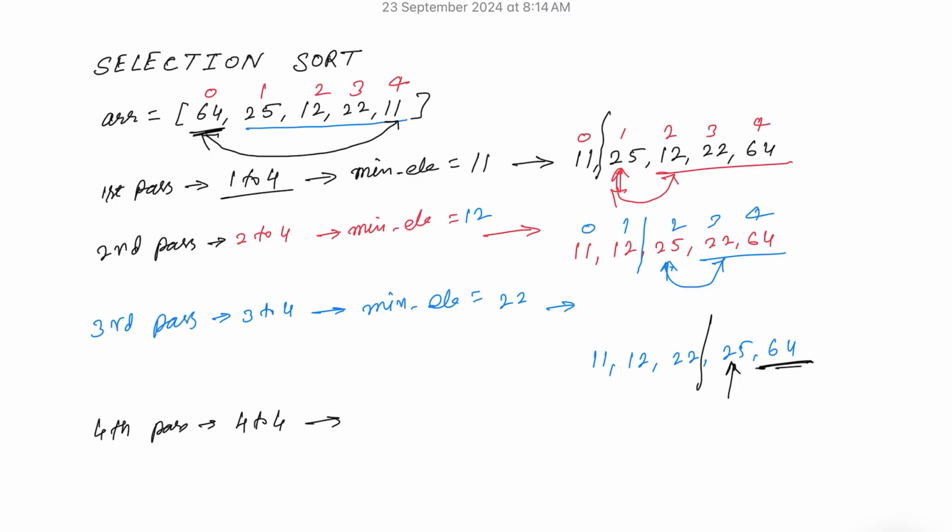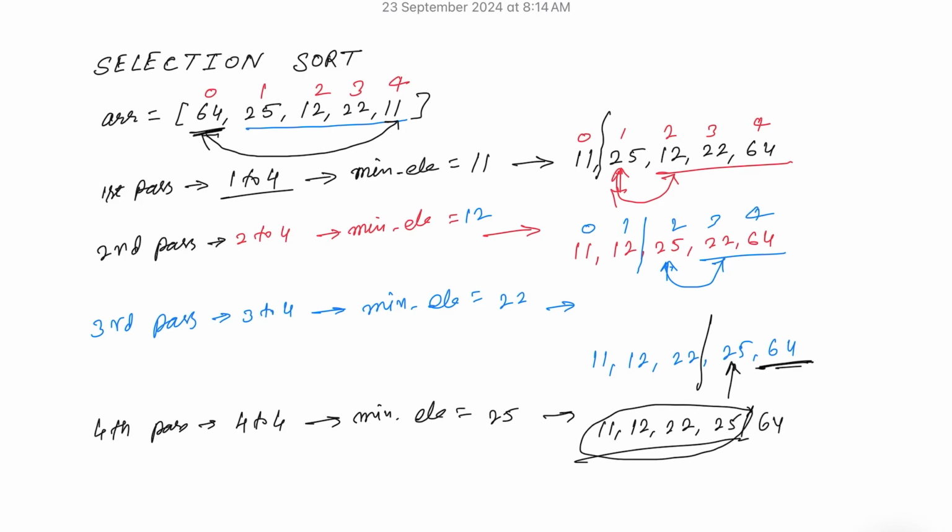No, the minimum element is still 25, so there is no need to swap, and this will be 11, 12, 22, 25, 64. So this part is already sorted. So the last element is also sorted because this is the largest element. So like this selection sort will work.